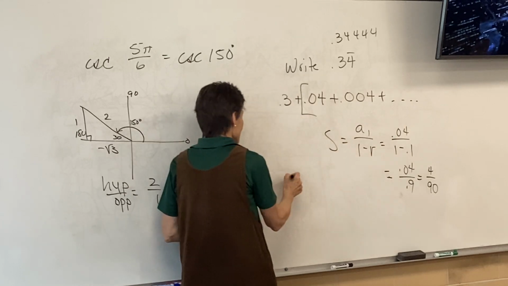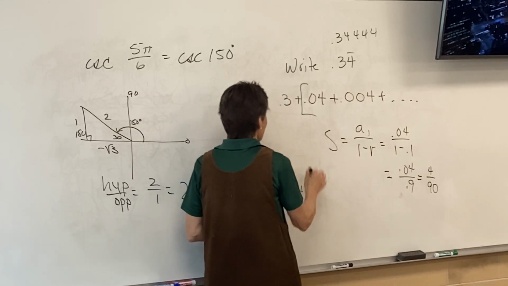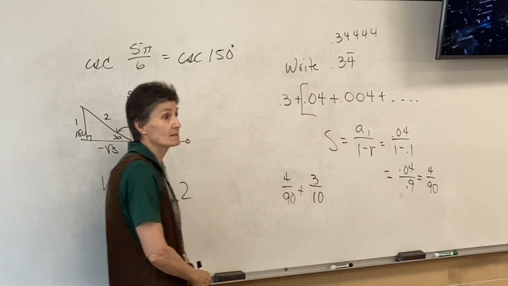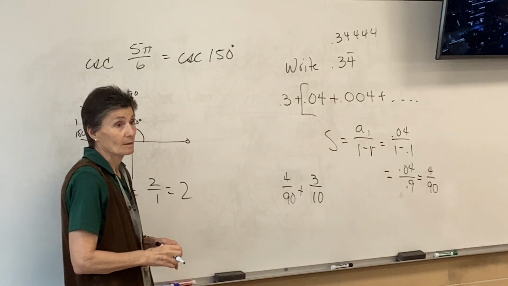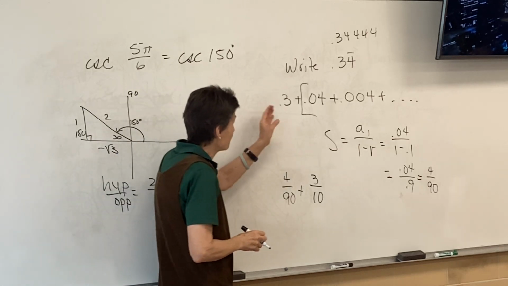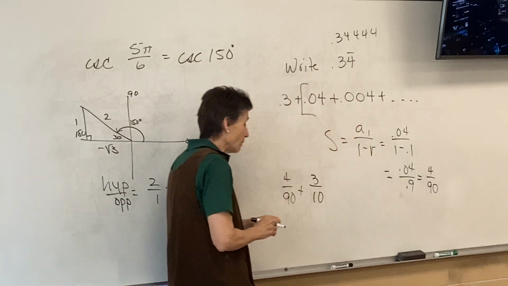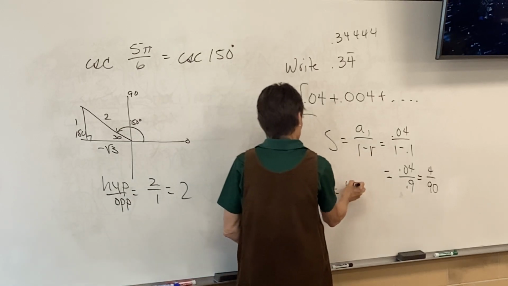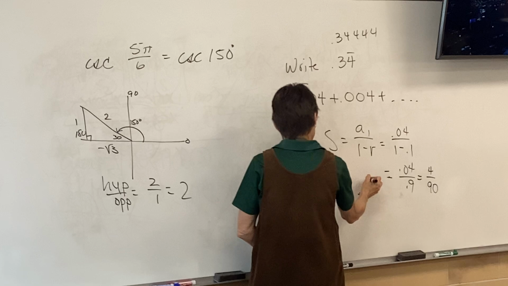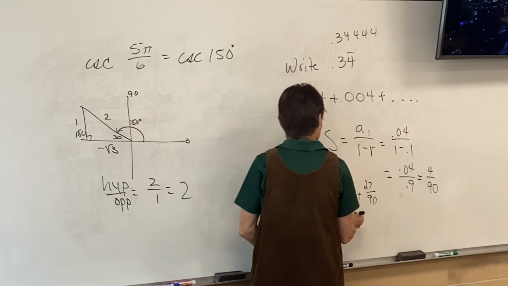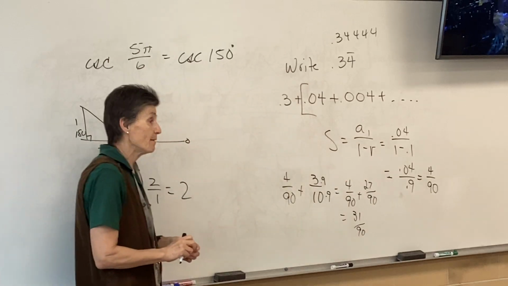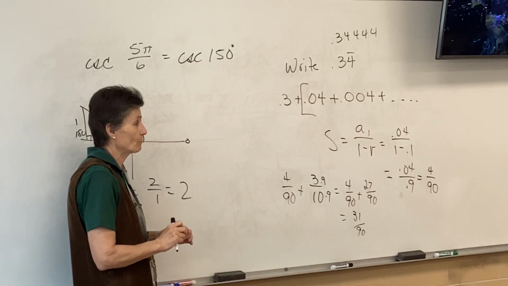So now we have to take our 4/90 and add it to that original 3/10, which we had to take off because it wasn't part of the repeating part. So your common denominator. We have 4/90 plus 27/90, that is 31/90. And that's your fraction, 31/90.